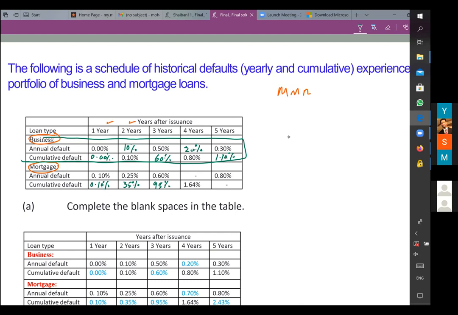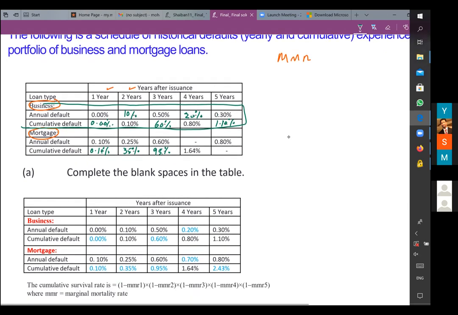And if I know this is 164%, which is the cumulative for year 4, and I want to know how much they default in year 4, it's actually the difference between 95 and 164.